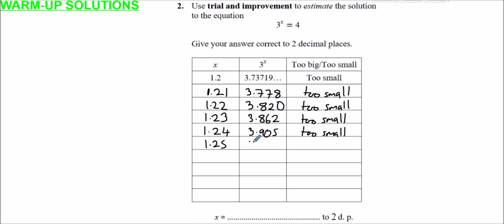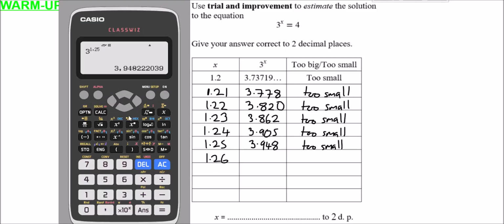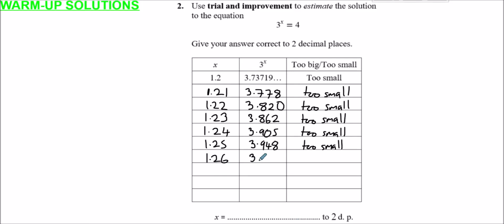3.948. Too small again. 1.26. Now that's looking very good, isn't it? 3.992, but it's still too low.